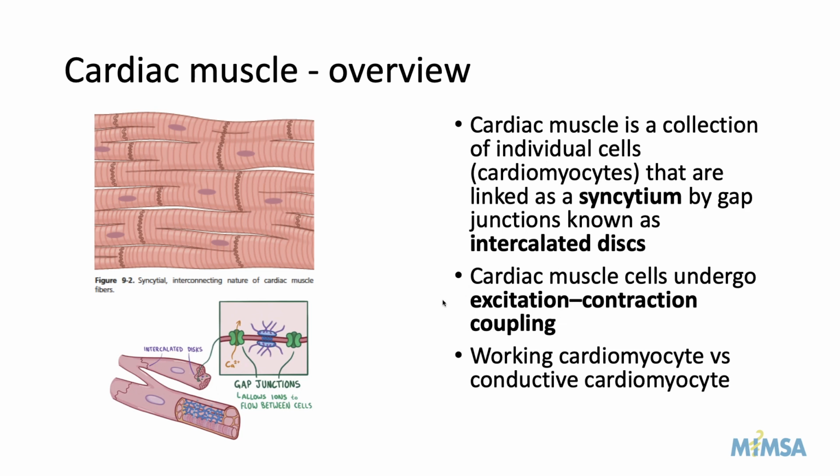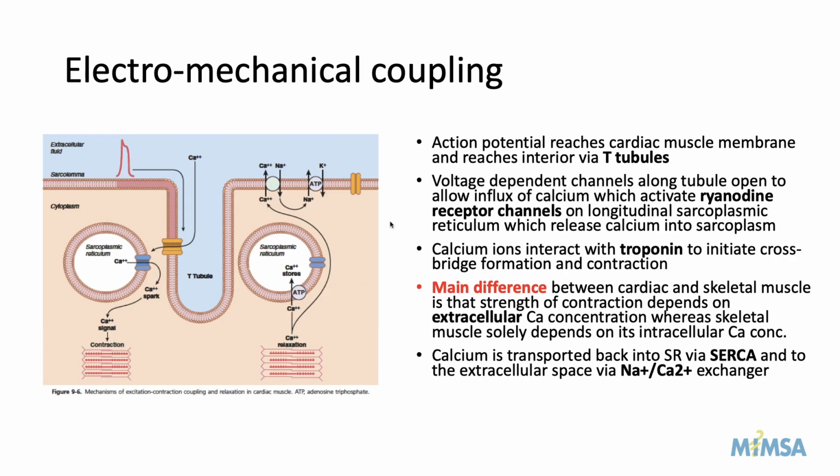Cardiac muscle cells undergo excitation-contraction coupling, which I'll talk about in the next slide. I also talked about the working cardiomyocyte versus conductive cardiomyocyte. So I'll talk about electromechanical coupling, which basically means how an action potential, which starts from the sinoatrial node, then goes to the AV node, and then via the Purkinje fibers to the ventricles, how that electrical impulse corresponds to the heart muscle actually contracting.